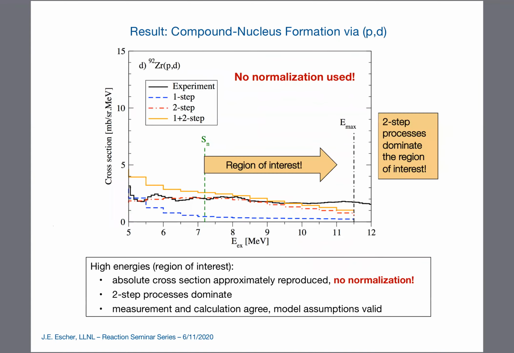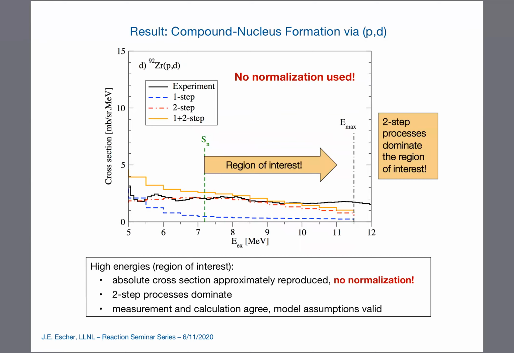But when one calculates all these cross sections that I just mentioned, one gets what I've shown here. In the plot, you see the measurement in black. This is the PD cross section that makes the compound nucleus between 5 and 12 MeV. And the region of interest is right around the neutron separation energy. The blue dashed line is the one-step reactions only, and you see this is really not enough to reproduce the cross section.